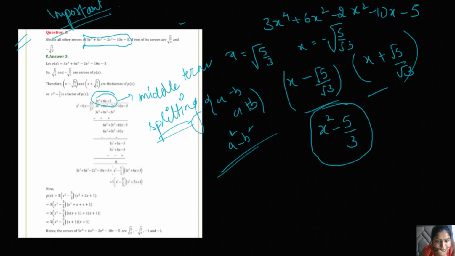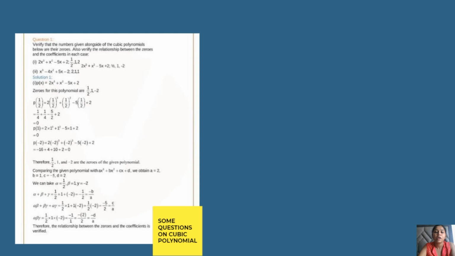These are the cubic polynomial questions. These belong to your chapter's miscellaneous exercise, the last exercise of this concept, and these are some important questions I have to mandatorily discuss with you people.